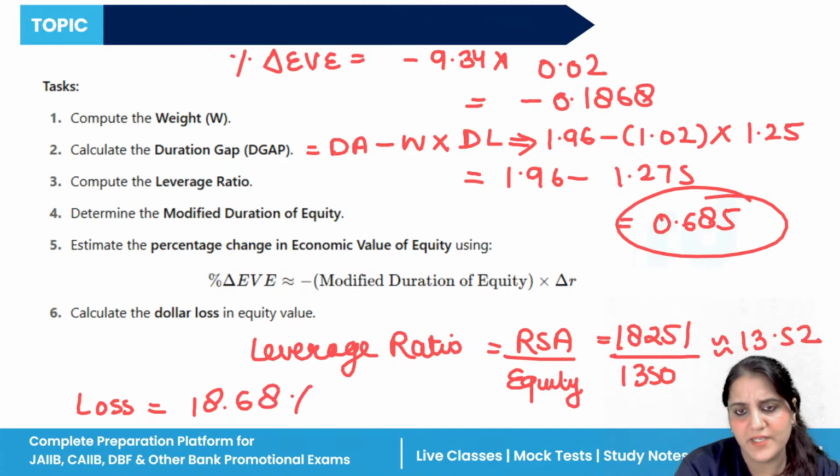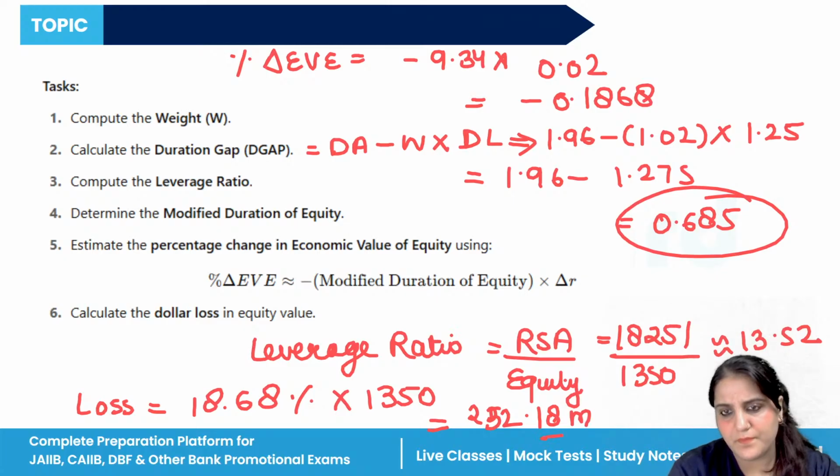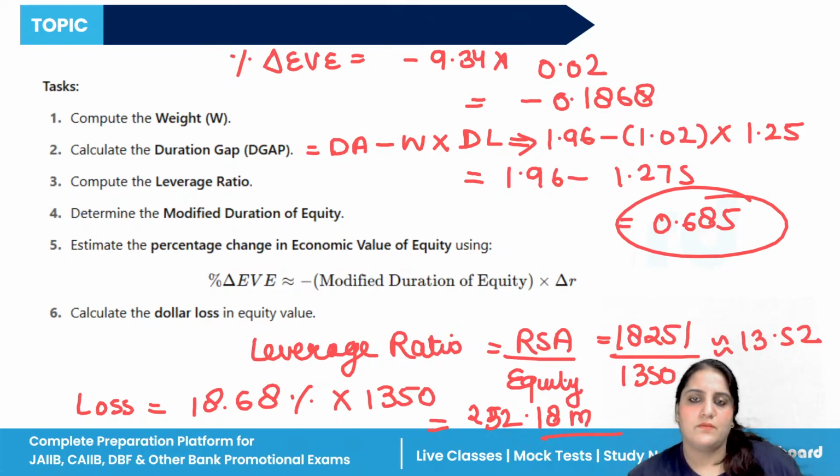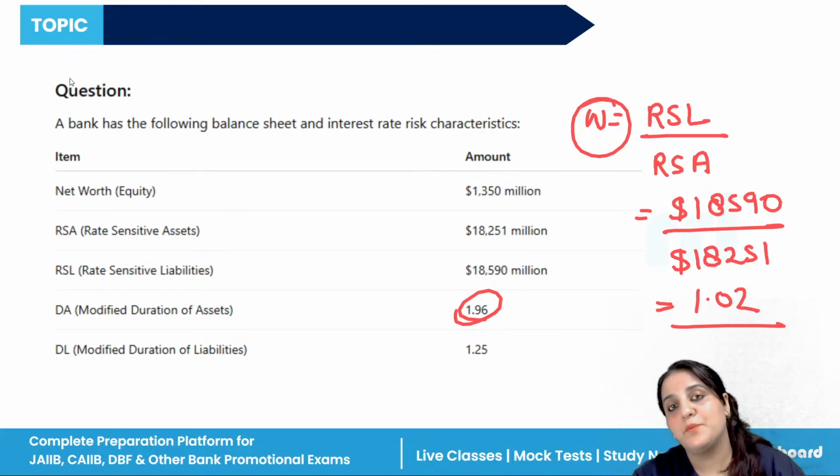Loss is there, so don't take the negative, and 1350, which is equal to near about 252.18 million. So everything is given in the question. You just have to check with the appropriate formulas, because formulas are very important in the question.